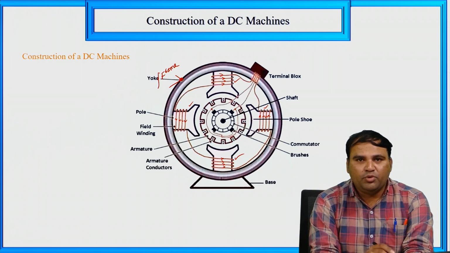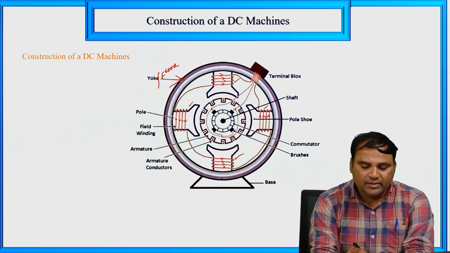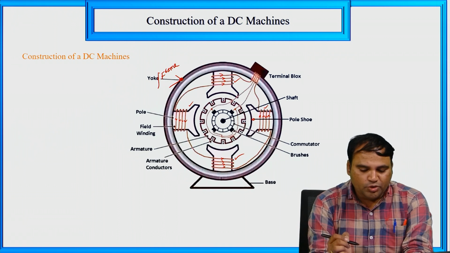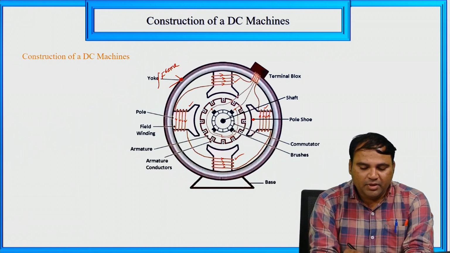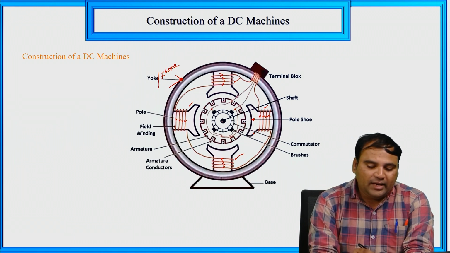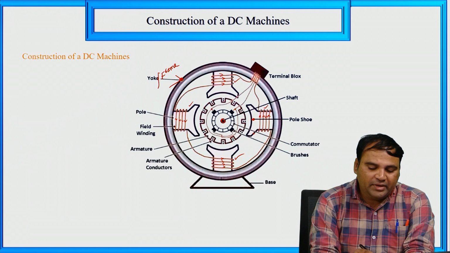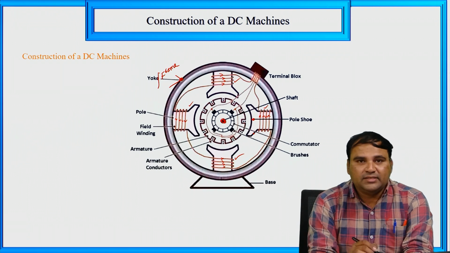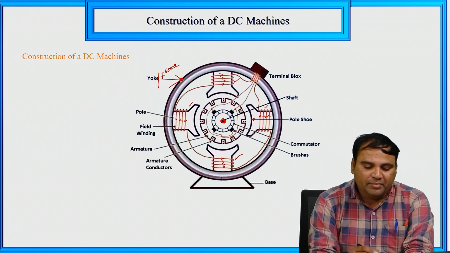Each pole has a pole shoe and pole core. This part we can call a pole shoe, and this part we can call a pole core. The middle part we can call a shaft, and here we have the brushes.